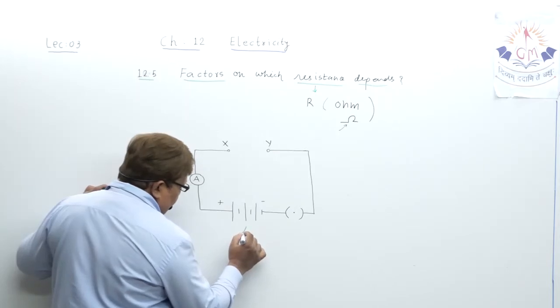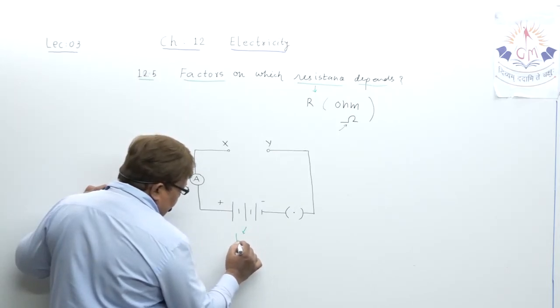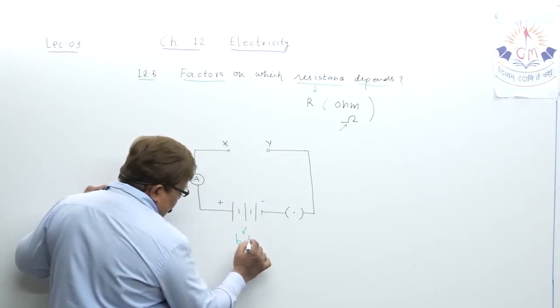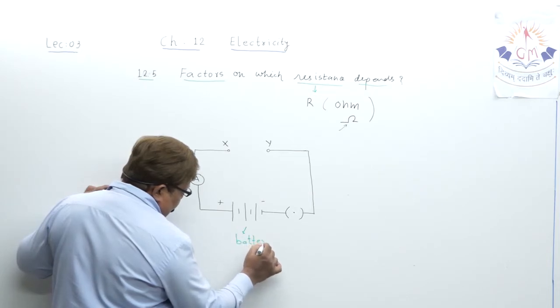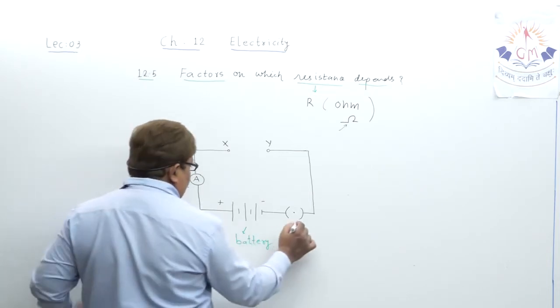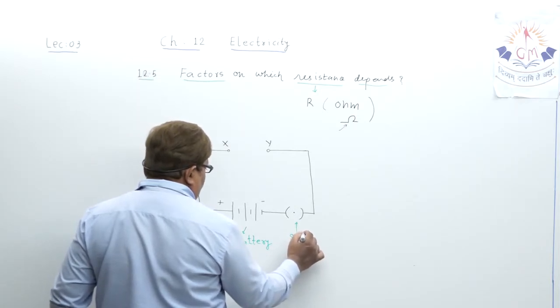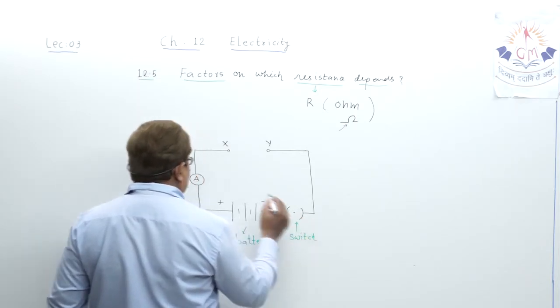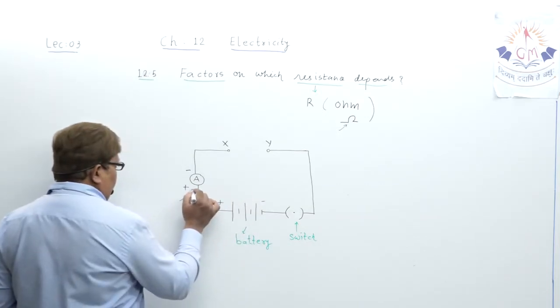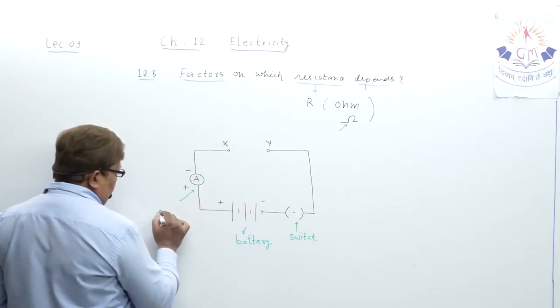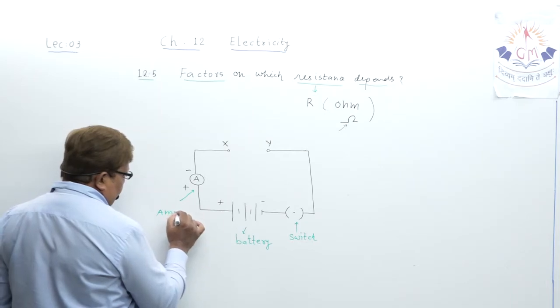This is the battery. Some of the symbols you understood here only. This is the symbol of the switch, plug key you can say, and this is, as you all know, the symbol of the ammeter. Understand?